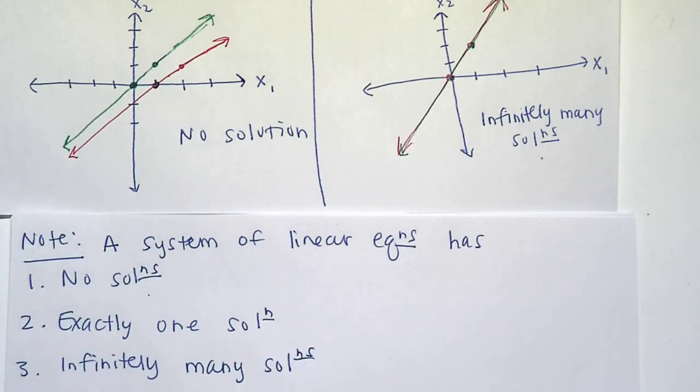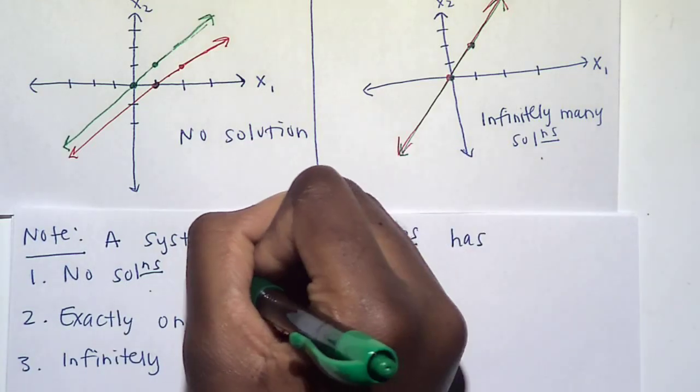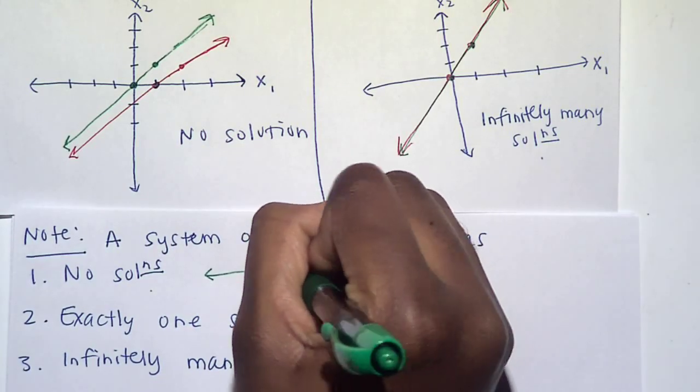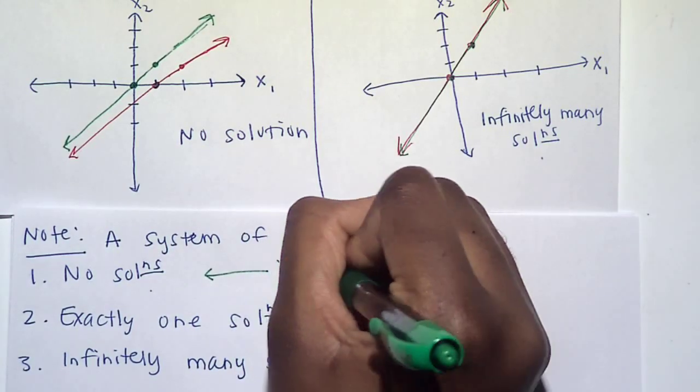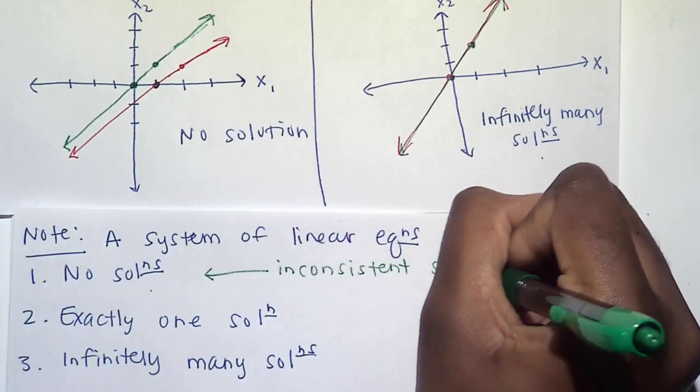All right, and so when we don't have any solutions in this first case, we say that our system is inconsistent. So in this first category, we're going to call this an inconsistent system.